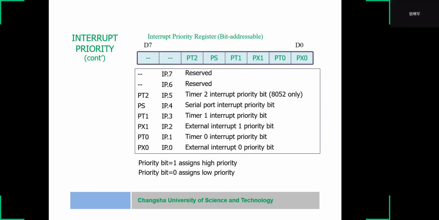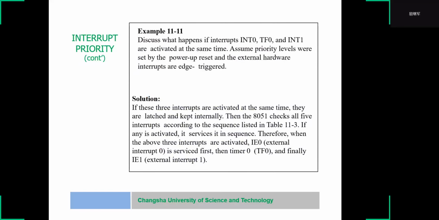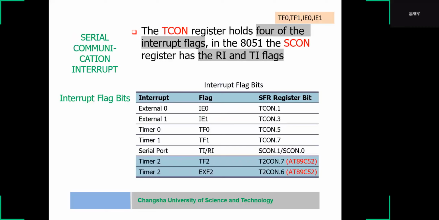For this chapter, we know something about interrupts, how to set the priority, and how to write the interrupt service routine.